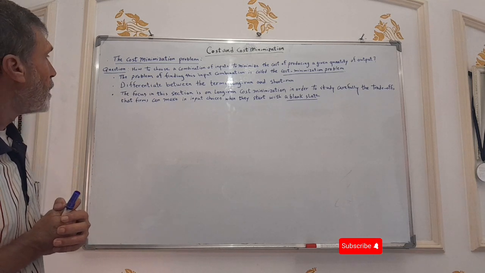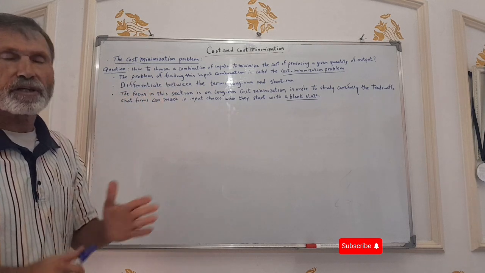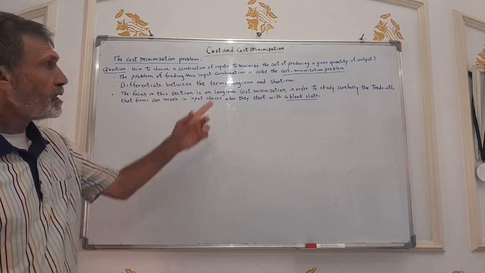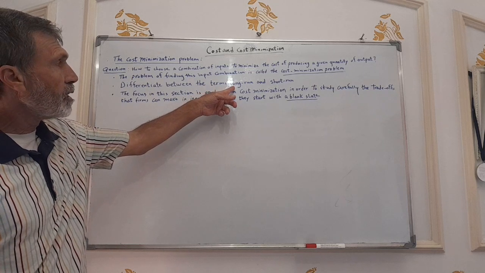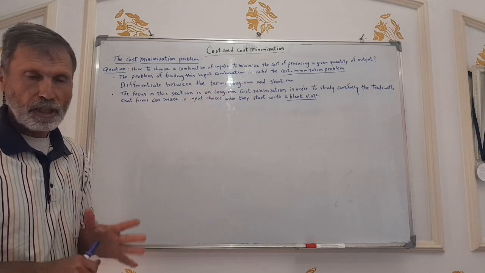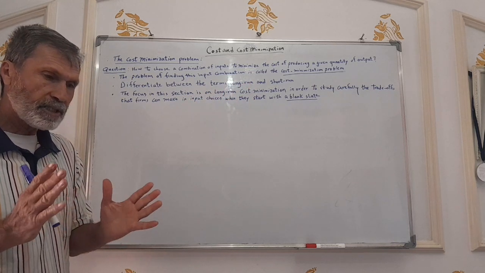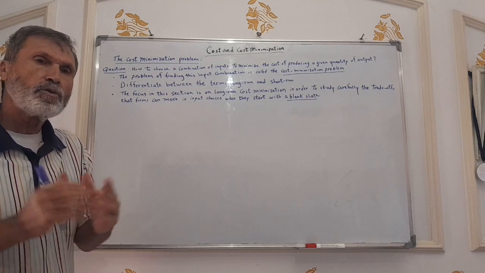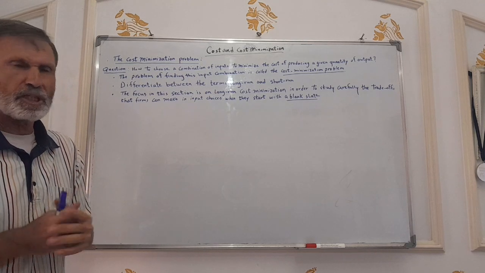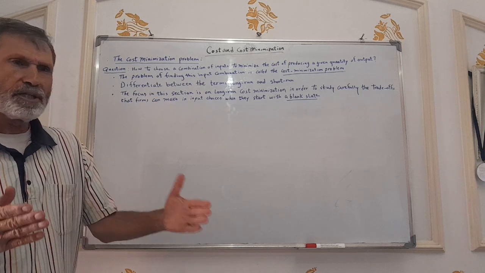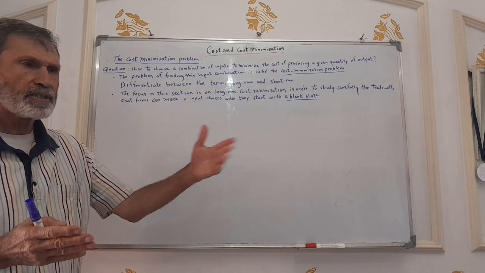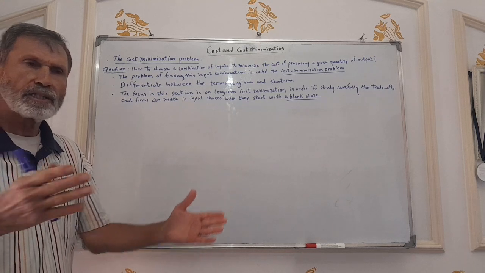Now, of course, here we have to differentiate between two important terms in economics, namely long run and short run. Of course, these two terms in economics do not refer to a specific period of time, such as 1 year or 5 years. For instance, long run is 5 years, short run is 1 year, and so on and so forth.